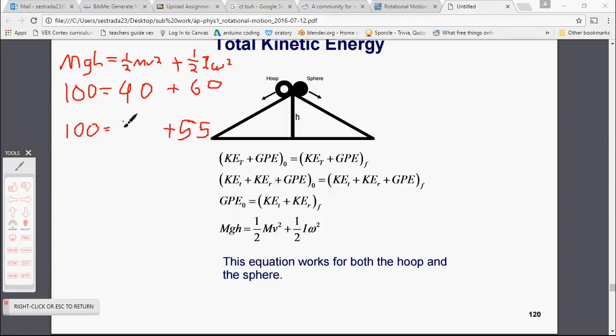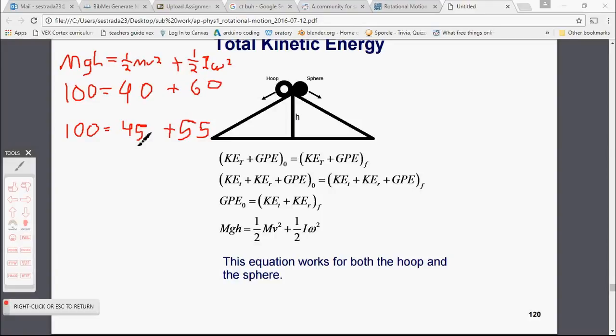Let's look at how much is over here. This is going to be 45. So which one has a greater linear kinetic energy? It's going to be the sphere.